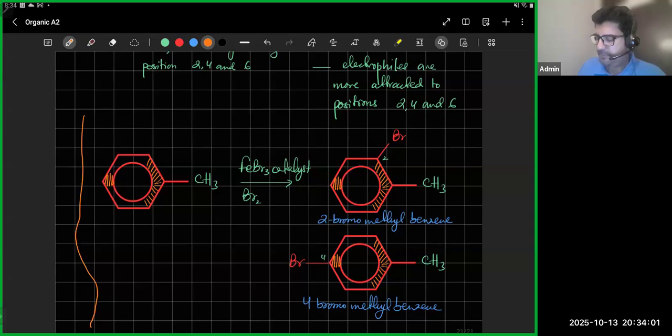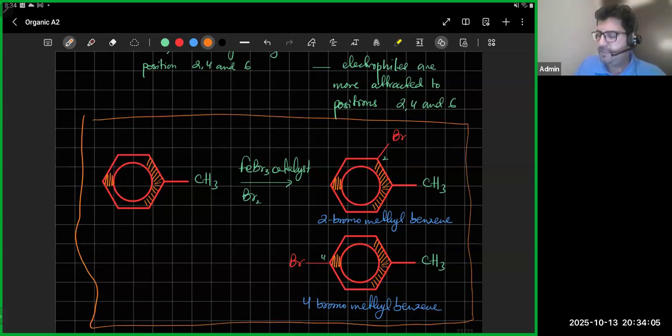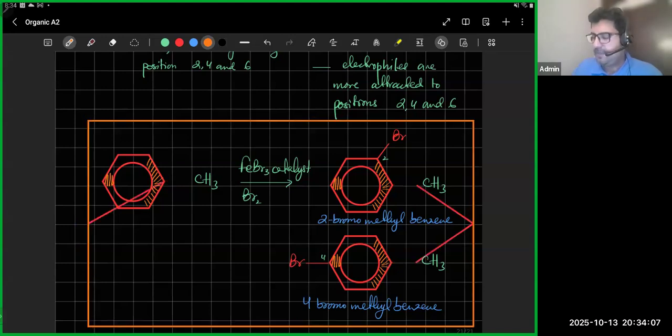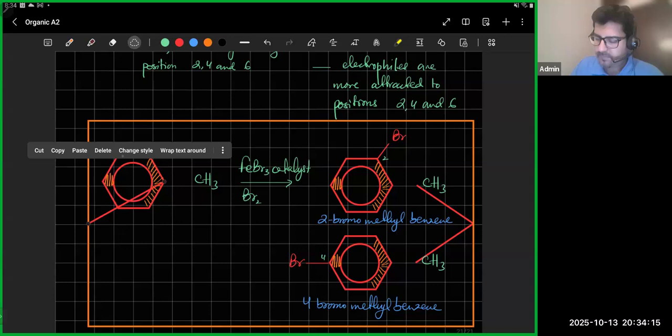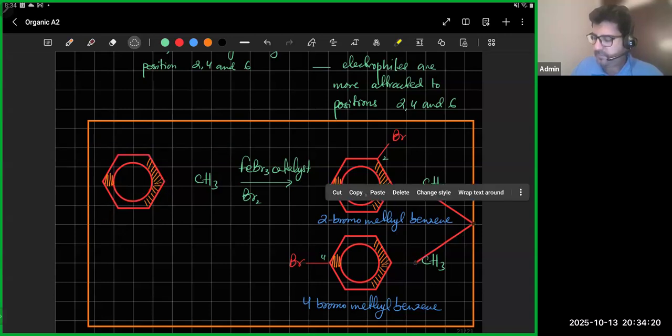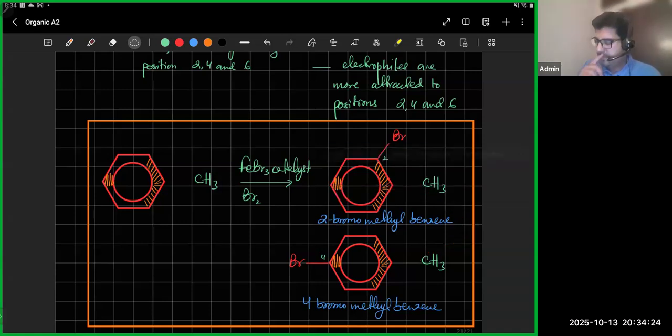Now the electrophilic substitution that we did, it's the same reactions, but there are going to be slight variations. What happened in between? Okay, there are just a few things.